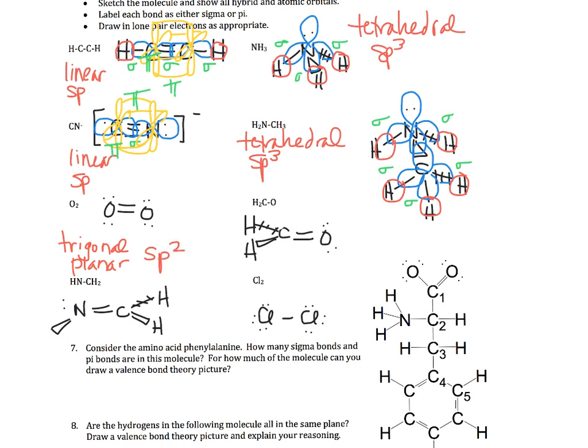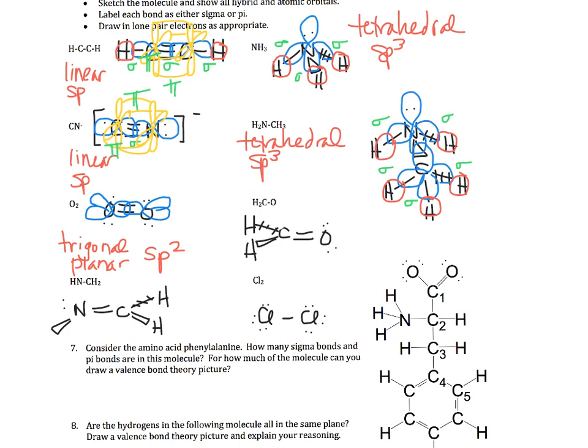And so if we were to draw that, sp2s come in a set of 3. One is going to be here, and then we're going to have a trigonal planar arrangement on the first oxygen, and then a similar one on the second oxygen.